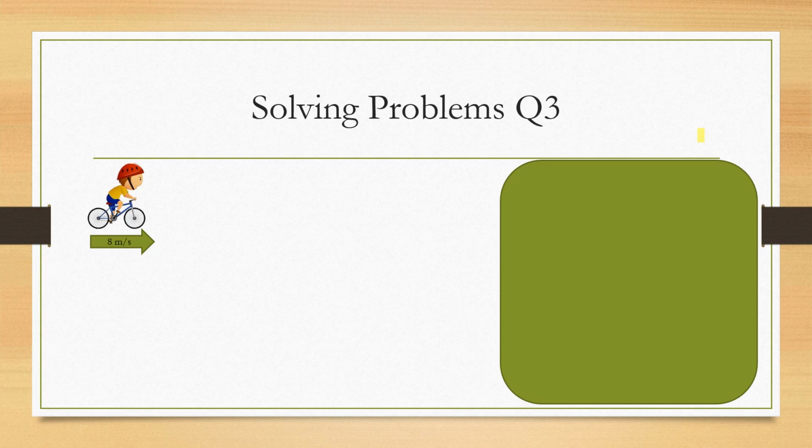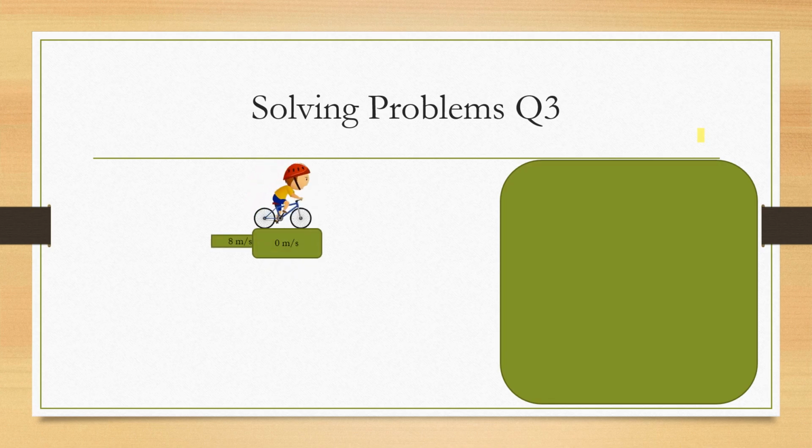So now let us look at the last question, question 3. In this question, we have a boy riding his bicycle at 8 meter per second, and then suddenly he hits the brake and comes to a full stop after traveling 2 meter. So the question is, what is the boy's acceleration?